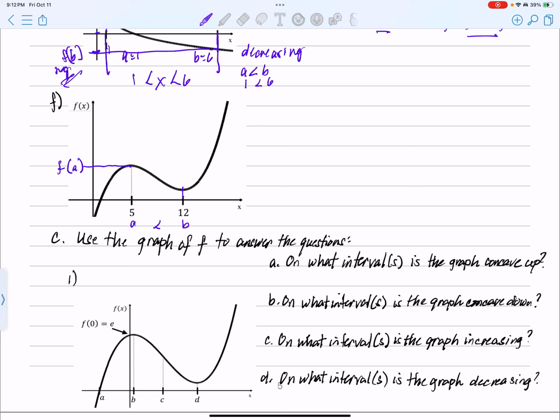Then I hit the graph here. The f of B is here. Okay, I want you to look at the situation.